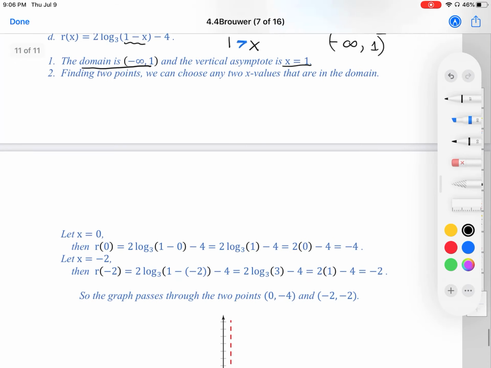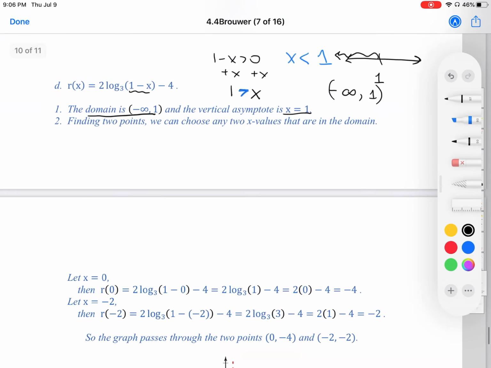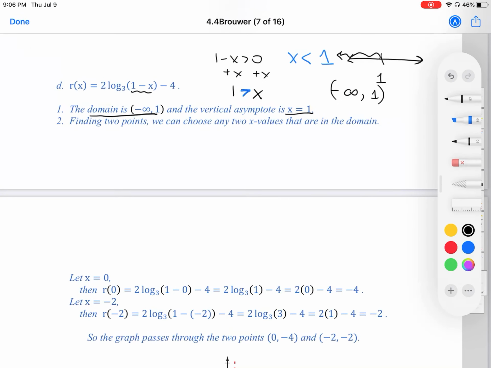Find 2 points. All right, so let's pick our 2 points. We have a base of 3. And again, you can just use your calculator. You don't have to think so hard when you're finding your points. Since I have a base of 3, I know 3 to the 0 power is 1. 3 to the first power is 3. 3 squared is 9.